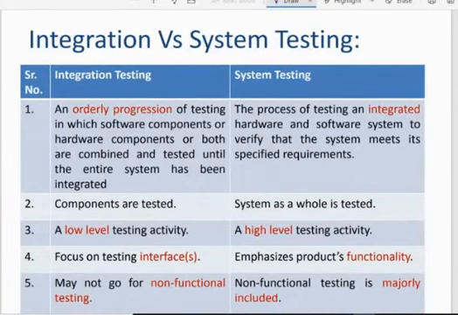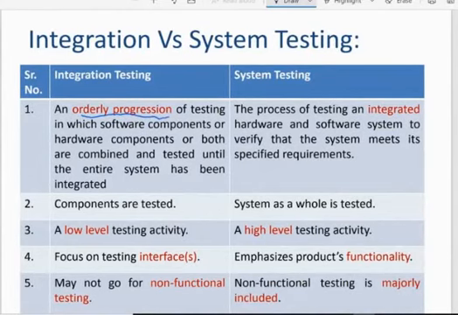So, in case of integration testing, this will be the orderly progression of testing in which software components or your hardware components or both are combined and tested until the entire system has been integrated.